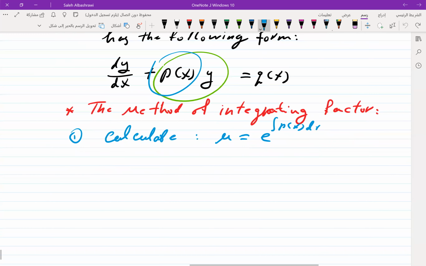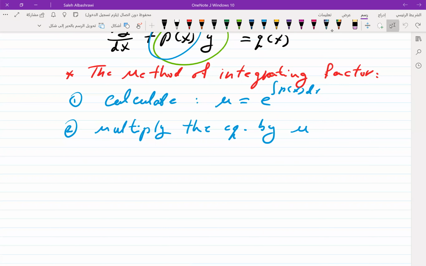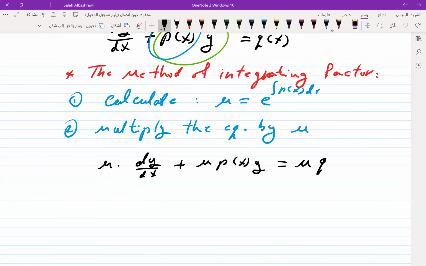Step number two, multiply the equation by mu. So the equation will be mu dy/dx + mu b(x) y = mu q(x).